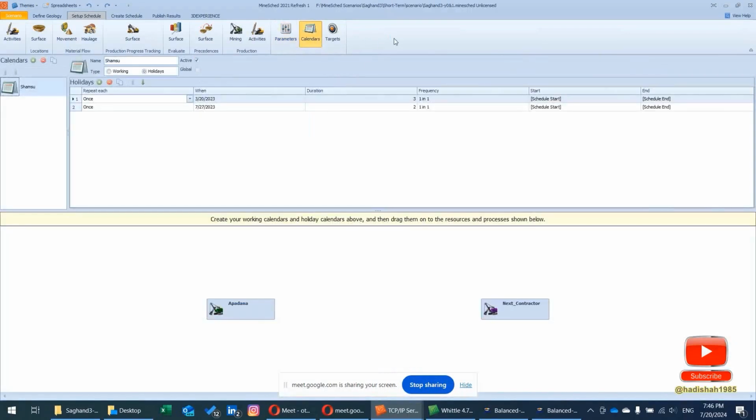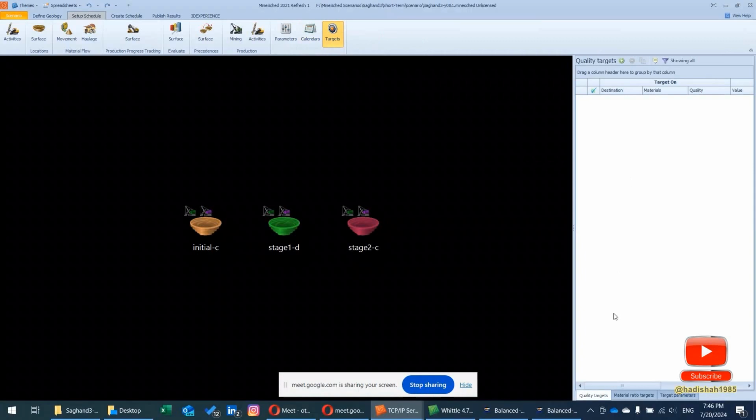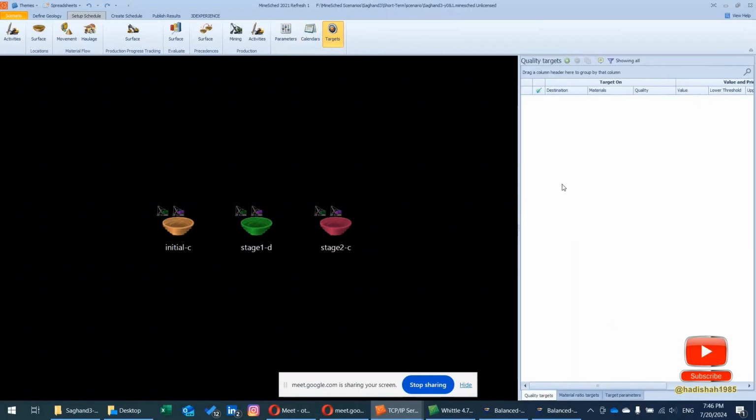You may define a calendar like here, and also the targets, whether they are quality targets, I mean for example, the head grade of Fe that you need this planning to adjust based on the settings of your processing plant, or material ratio targets.